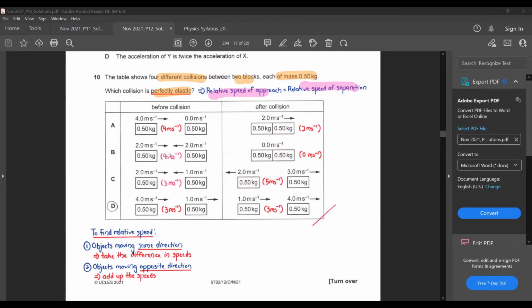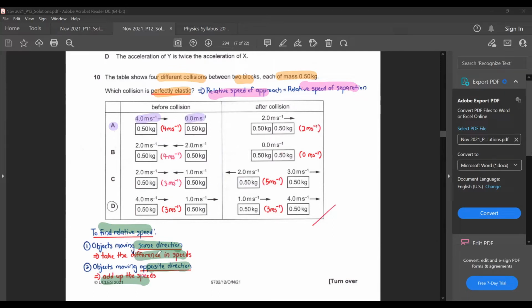When you want to find relative speed, if you see objects moving in the same direction, just take the difference in speed. But if the objects are moving in opposite directions, just add up the speeds. That's all you need to do. So if I look at A, this one is moving with 4 meters per second. This one is moving with 0 meters per second, it's not moving at all.